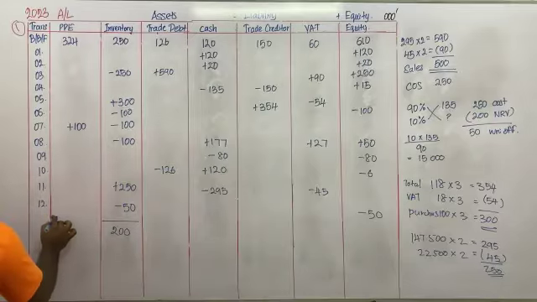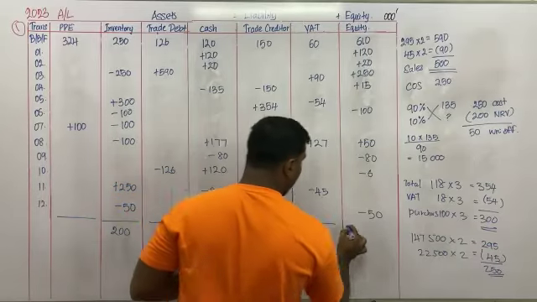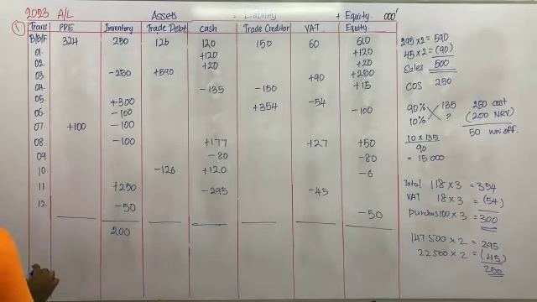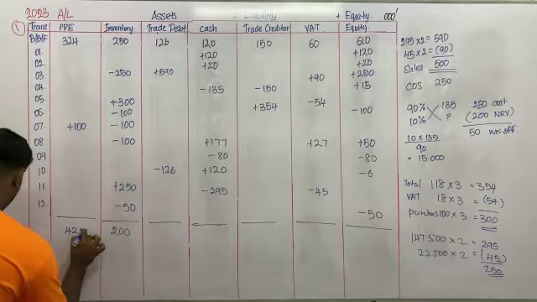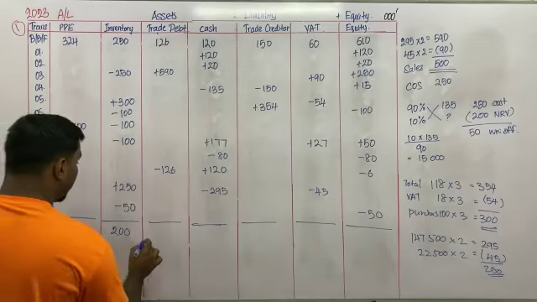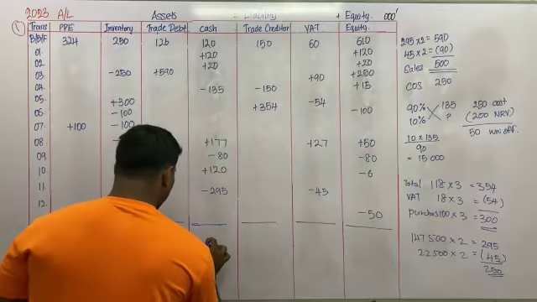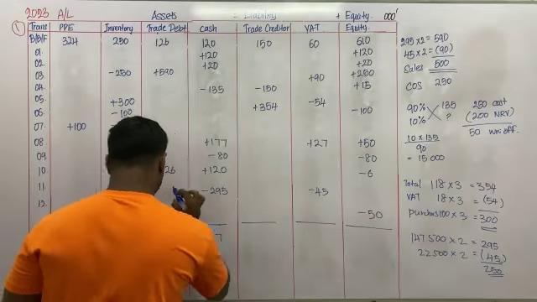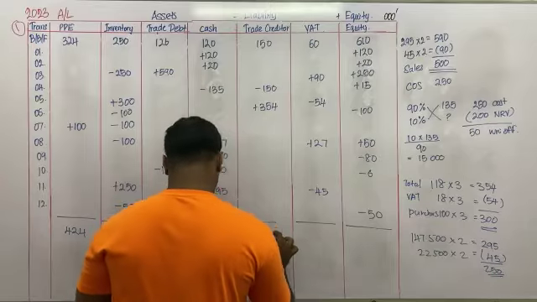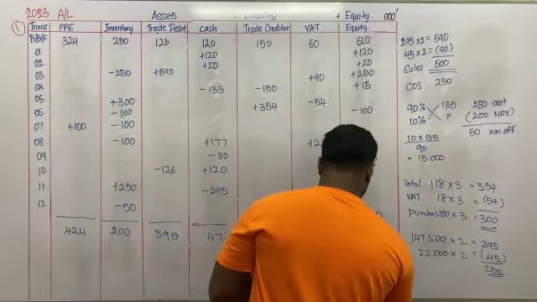Inventory written off is an expense as well as a reduction in the inventory. So after doing this, we can get the total numbers: 400, 200, and here 590, 47, 354, 78, 829.